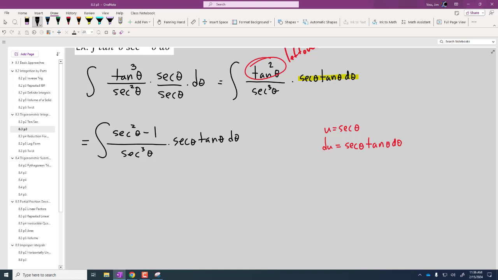It's always easier to convert over to your u's as soon as you can. All right, so any issues on converting over to u's?